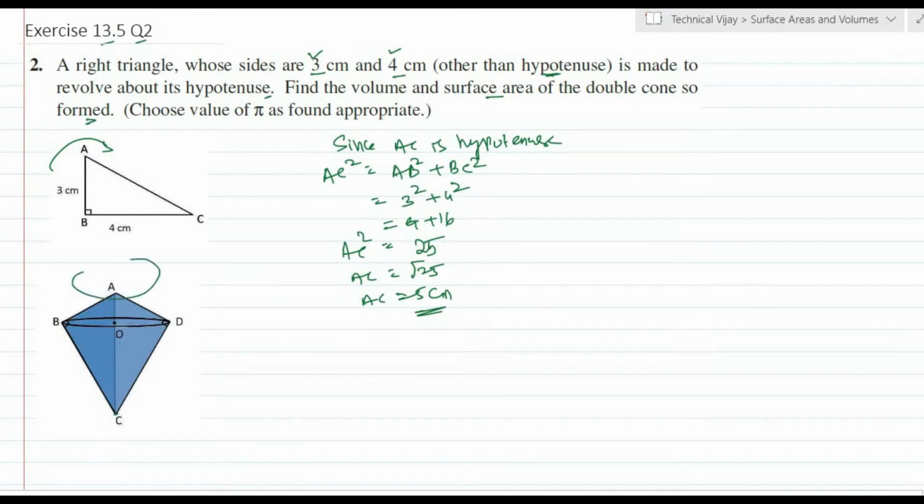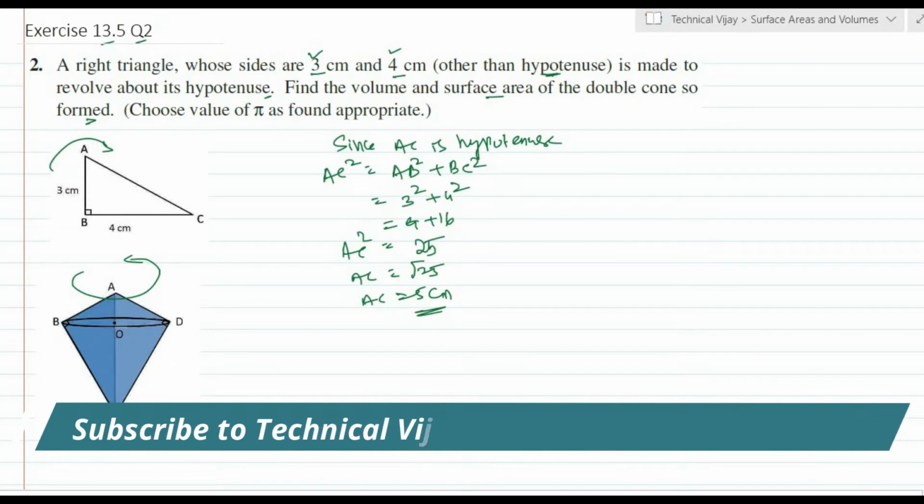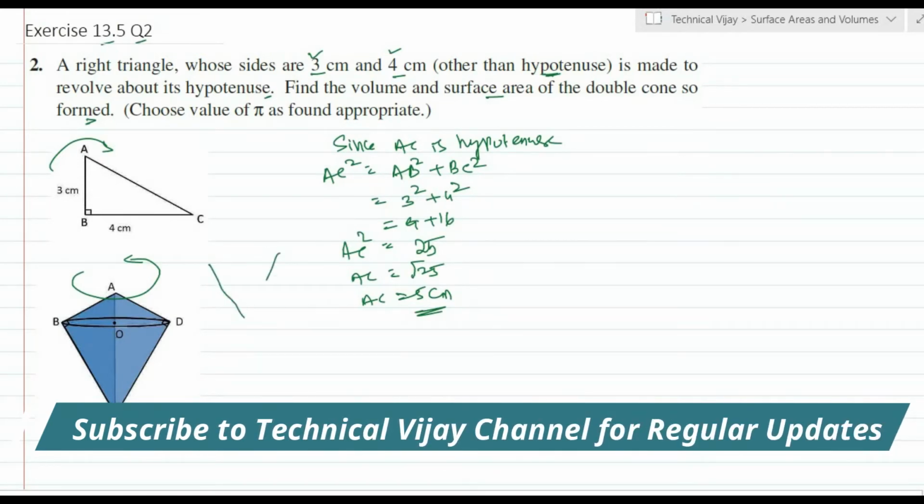Now if this triangle is rotated in this way, what happens? A double cone will be formed like this. This is one cone and this is another cone.